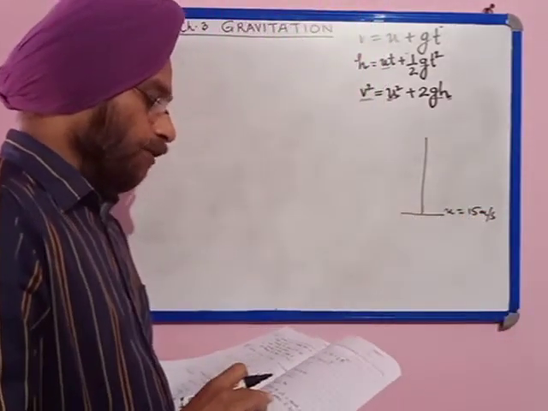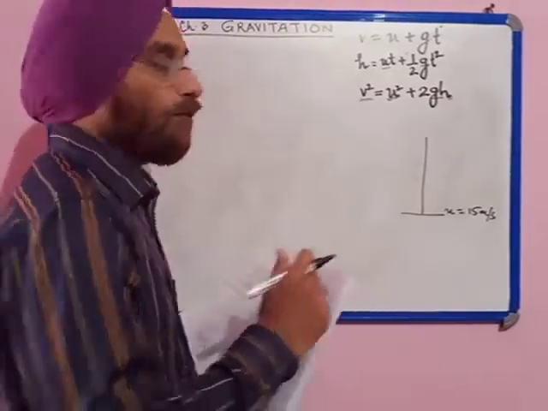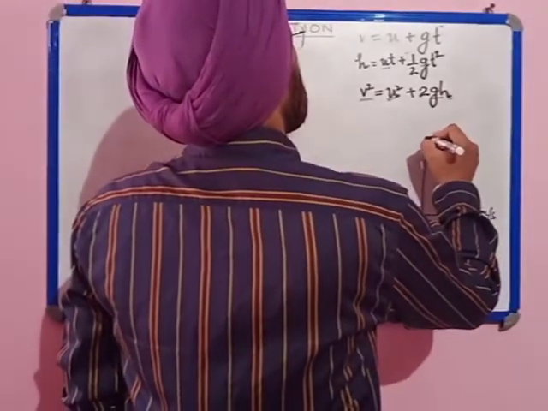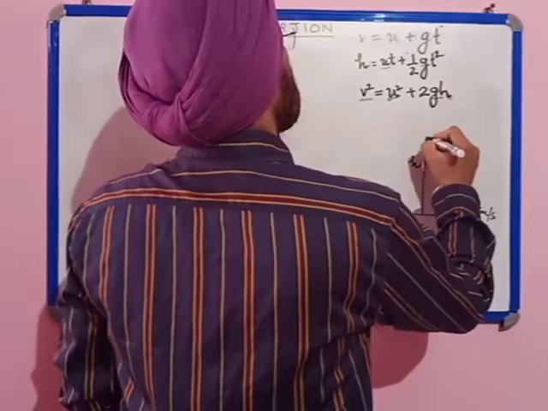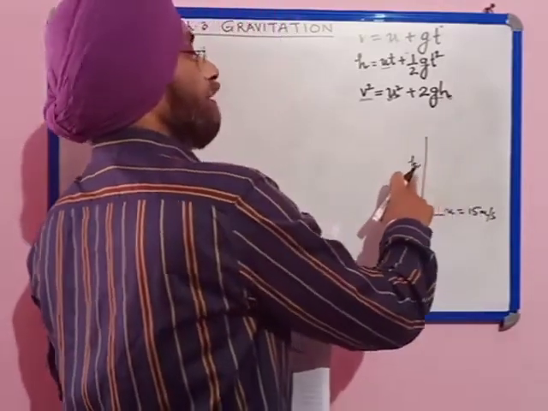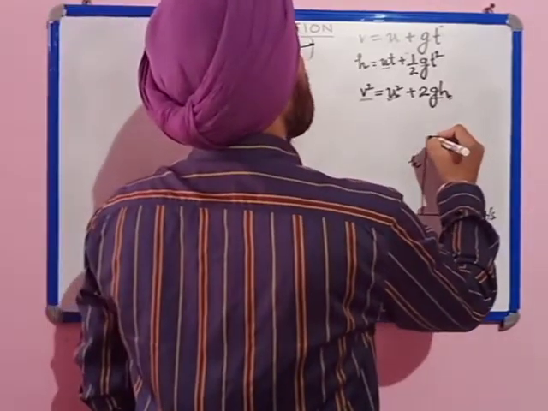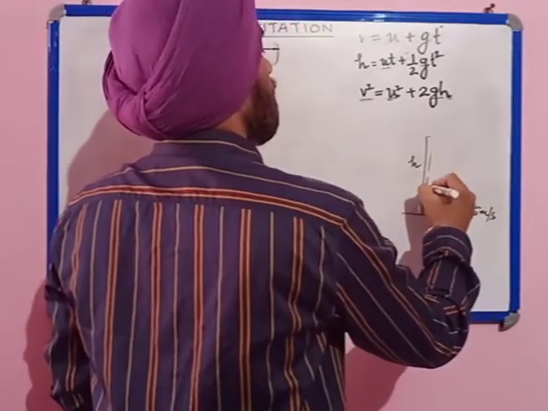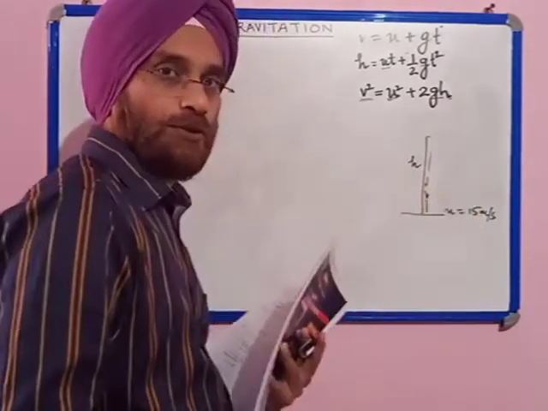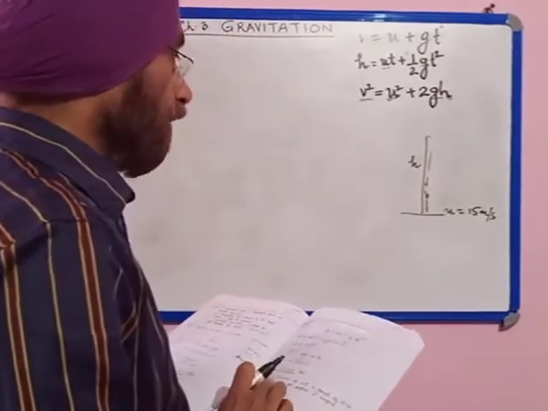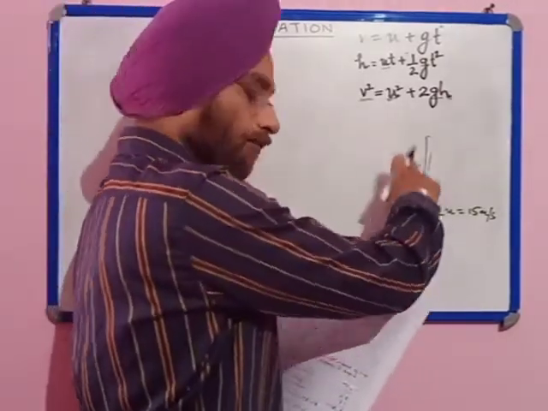How high will it go before it begins to fall? Let us suppose that the highest point it went to is h, and now it started falling. It looks confusing, but we just have to find the value of h.